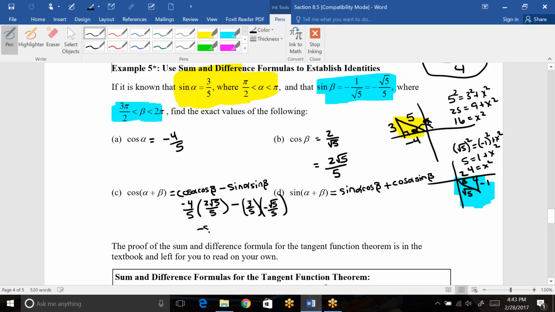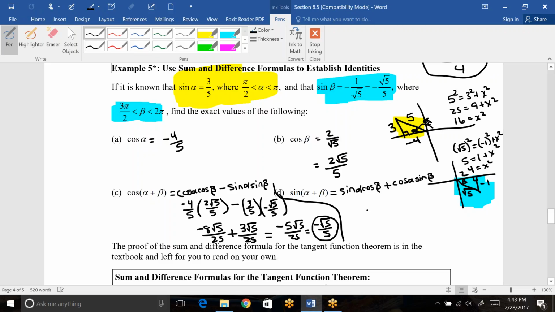So this is -8 square root of 5/25. Negative times negative would be positive 3 square root of 5/25. If these were not like radicals, we would just make this one big fraction, but because they're like radicals, we can actually add the coefficients. So this is -5 square root of 5/25, and the outside 5 is reduced, so it's negative square root of 5/5. Okay, so that's C part.